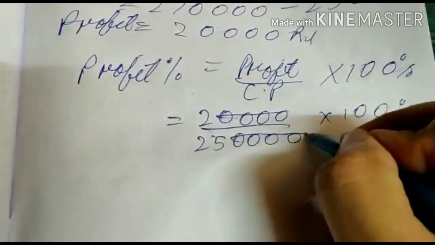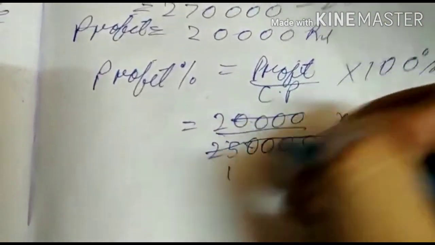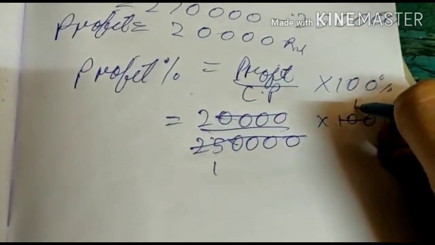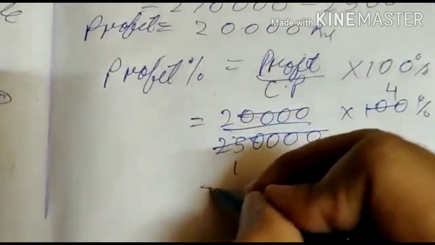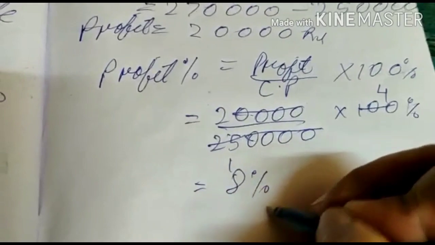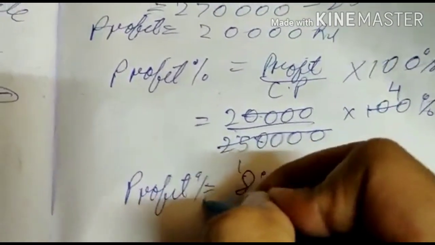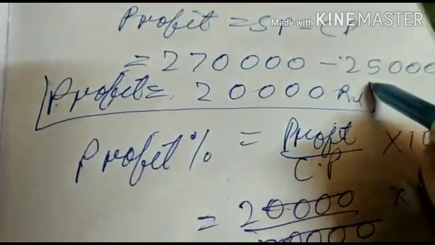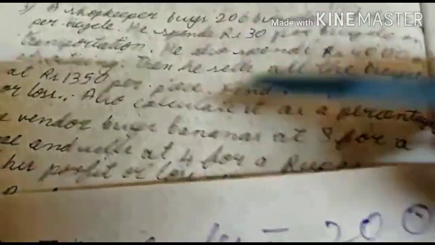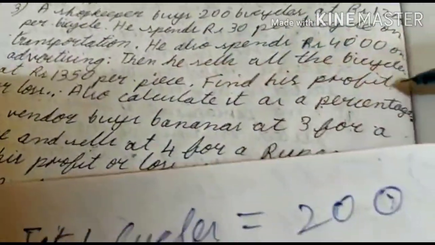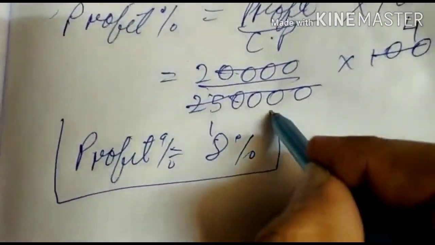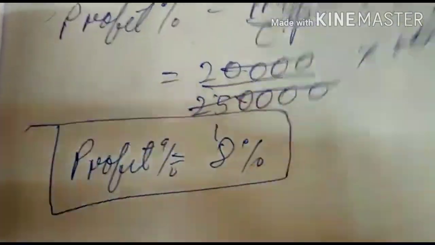This 40 and these 40. 25 ones are 25. 4s are 4 into 2, 8%. This is our profit percent. Profit is rupees 20,000. This is our answer. Question says find his profit or loss and also calculate its percent. So this is our profit and this is our profit percent.